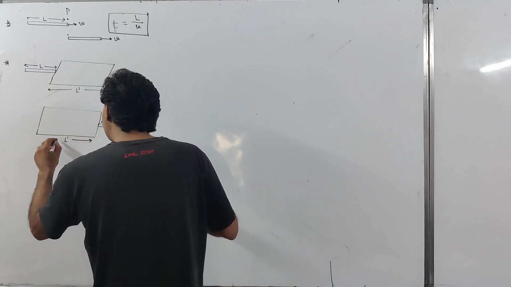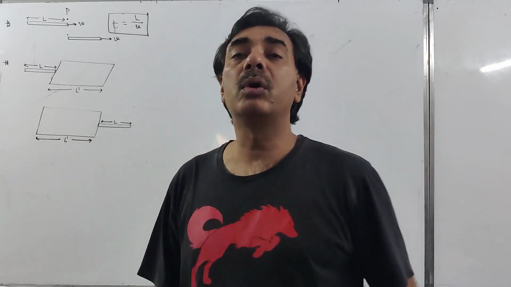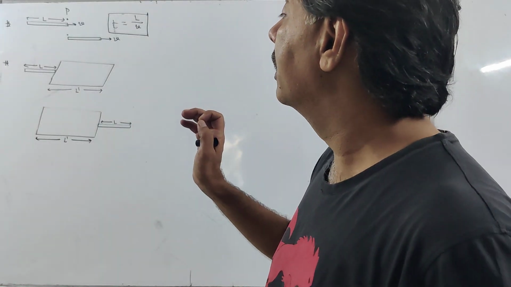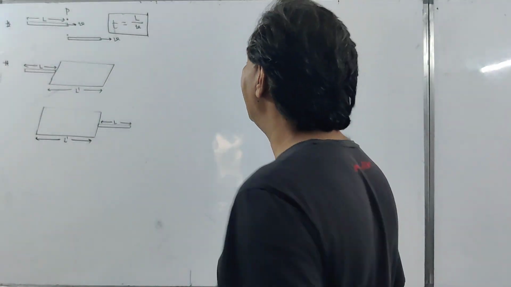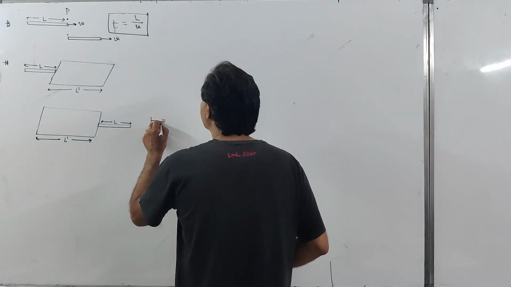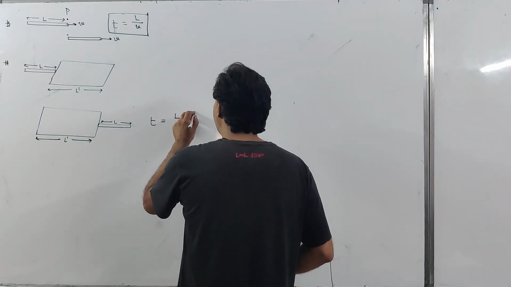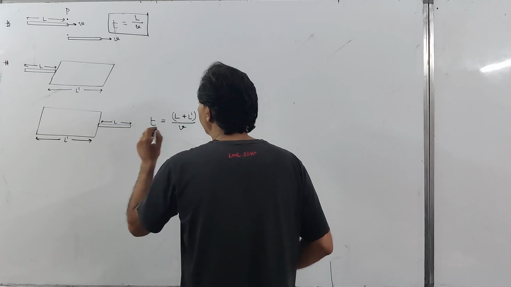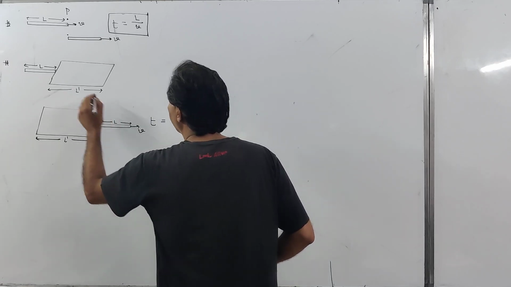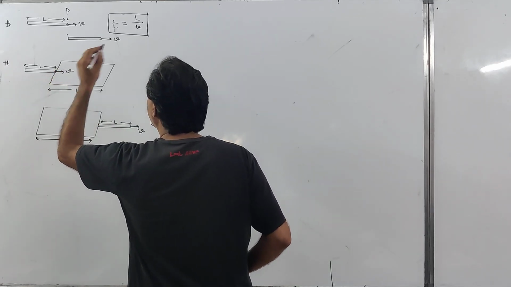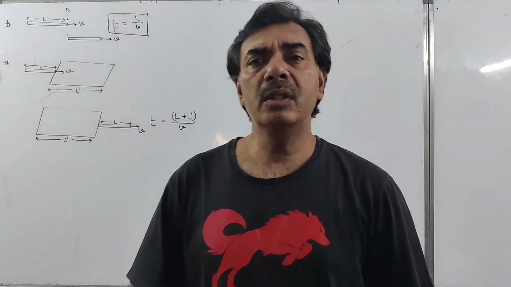The total distance traveled by any point is now L plus L dash, and the time taken to cross would be L plus L dash upon V. These are things which will also help us.